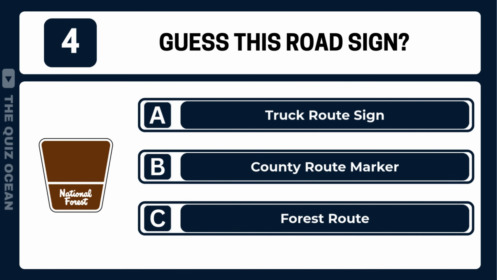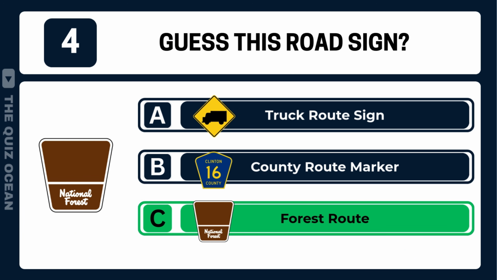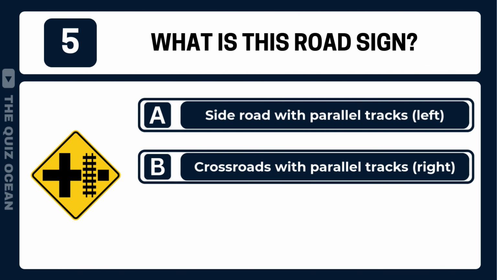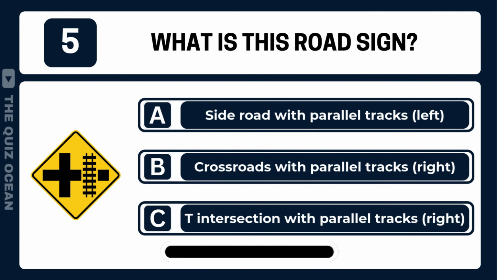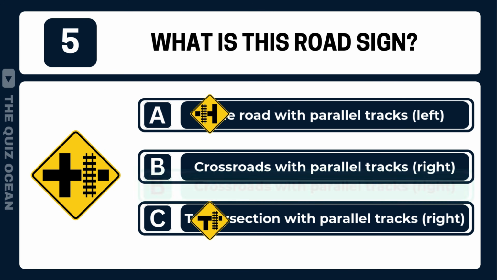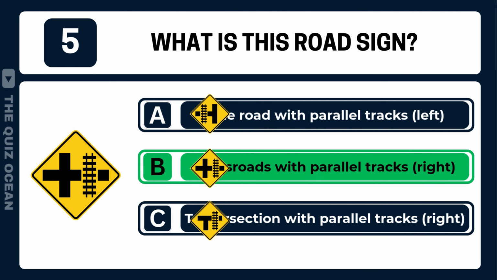The answer is C. Forest route. Question 5. What is this road sign? The answer is B. Crossroads with parallel tracks.